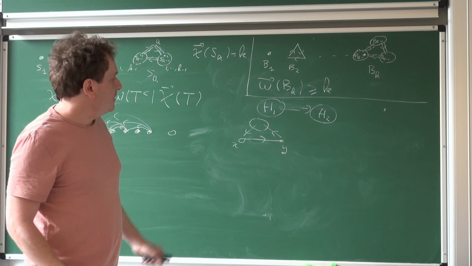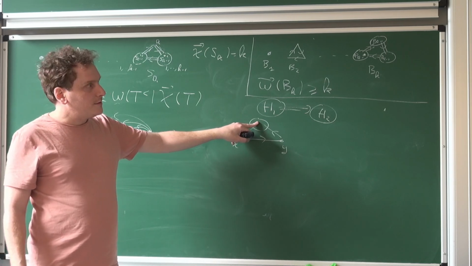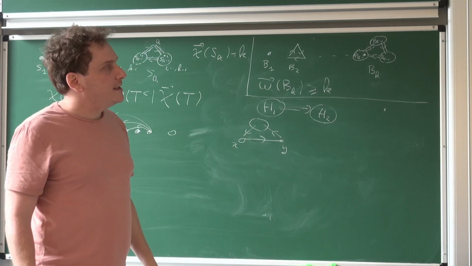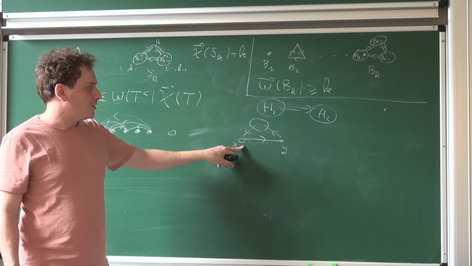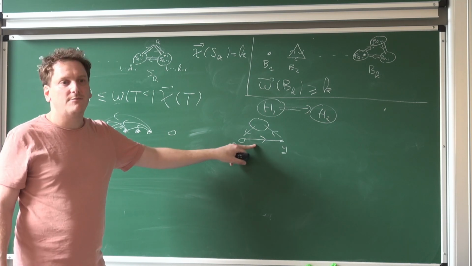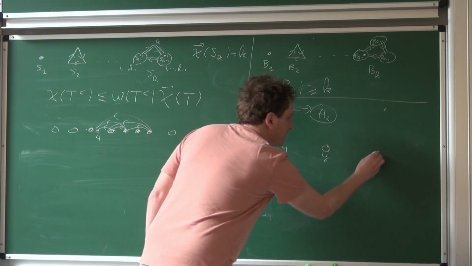And if this has large dichromatic number, then in every omega ordering, y should come before x. This should be a backward arc. And this is something that we use very often.